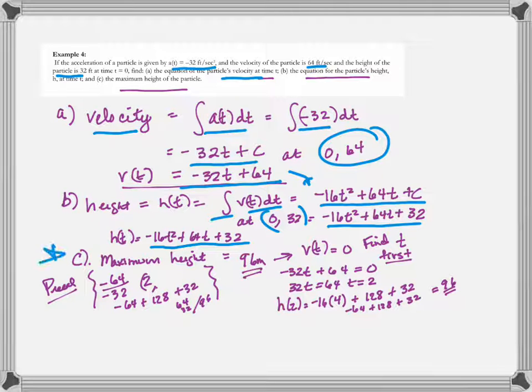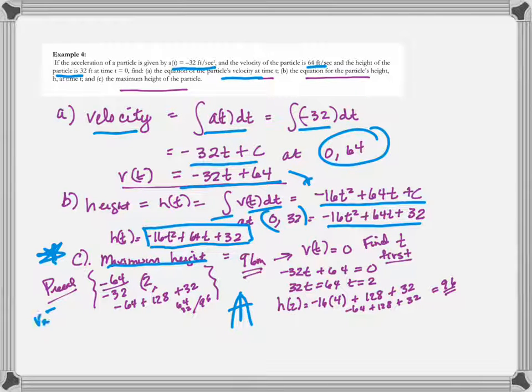Now, here's something interesting. You need to know how to do it. They ask for the maximum height. You've got two ways. You can do it using pre-calc. You know that this equation is a parabola that goes like this, right? Or it's not exactly up there, but you know it's a parabola. And so you know that the vertex would be the maximum. And so remember how to find the vertex?